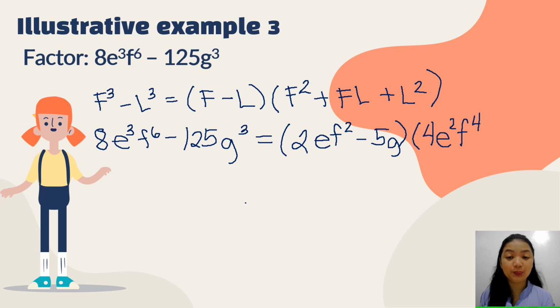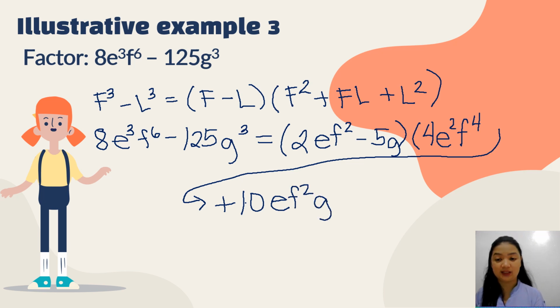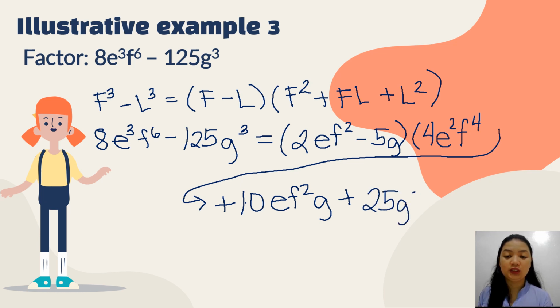So we have here 2 times 5 will give us 10. This should be positive. Since we do not have too much space, I'll be writing here. So we have 10 what? e f squared g. We simply copy the variables together with their exponents. And then lastly, we square the last term, which is 5g. So that will give us 25g squared.